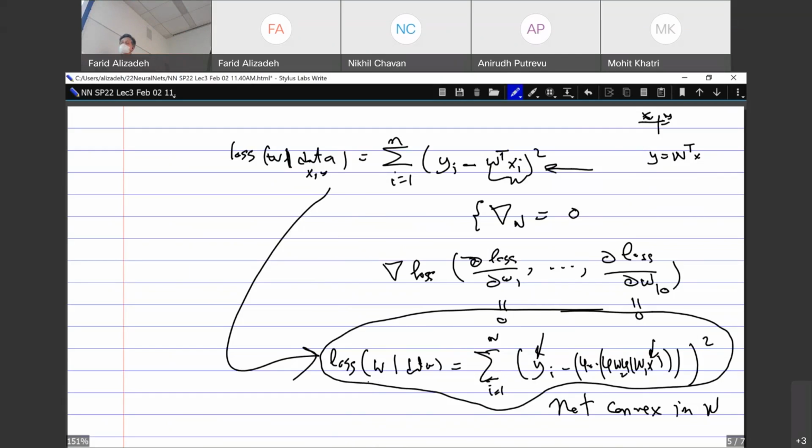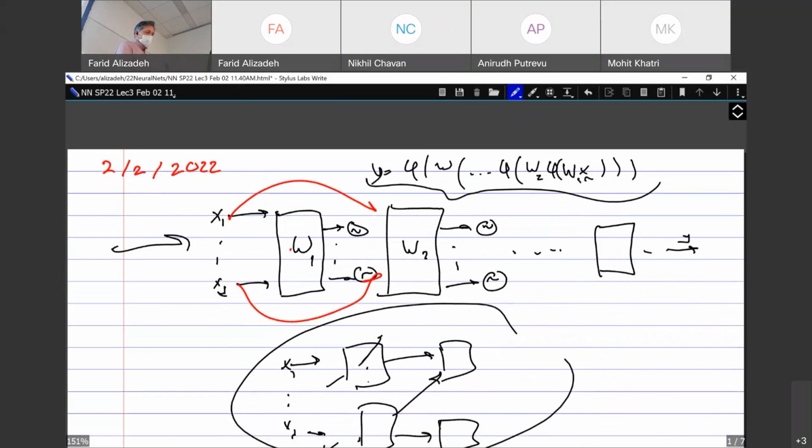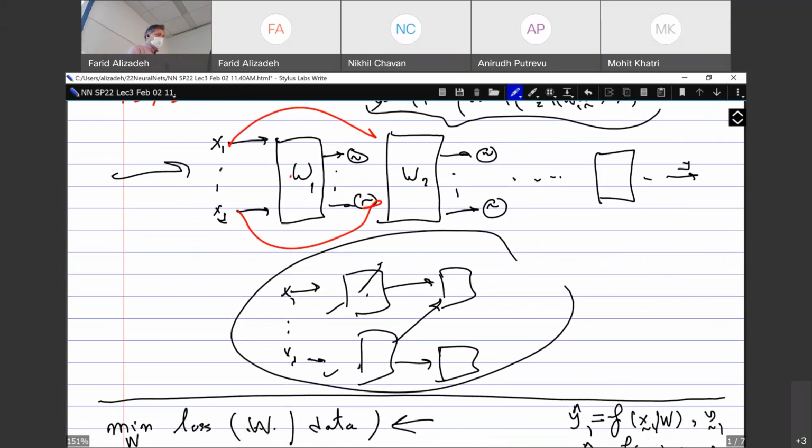That is computationally expensive, right? Because if you go back, what is going on here? W is a matrix, you multiply it by X, so it's a matrix-vector multiplication, followed by applying a phi, the activation function. Then you get another vector, then apply another matrix-vector multiplication, then apply another phi, and so on and so forth until the end.